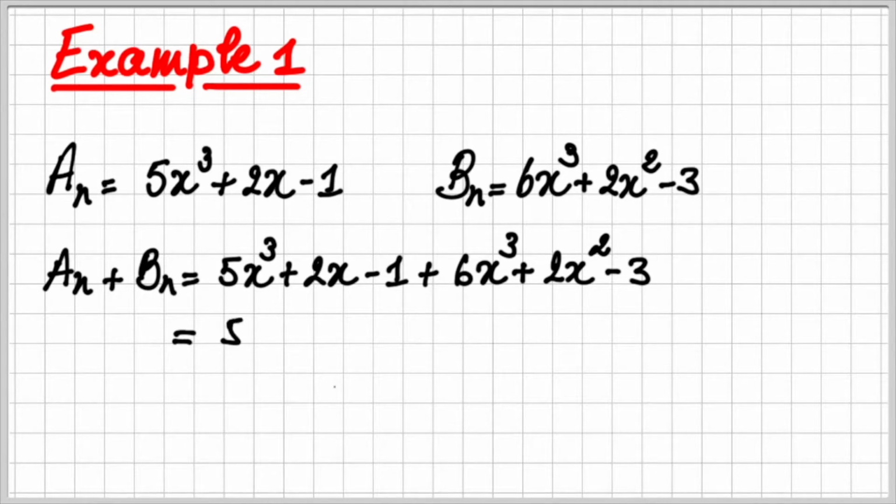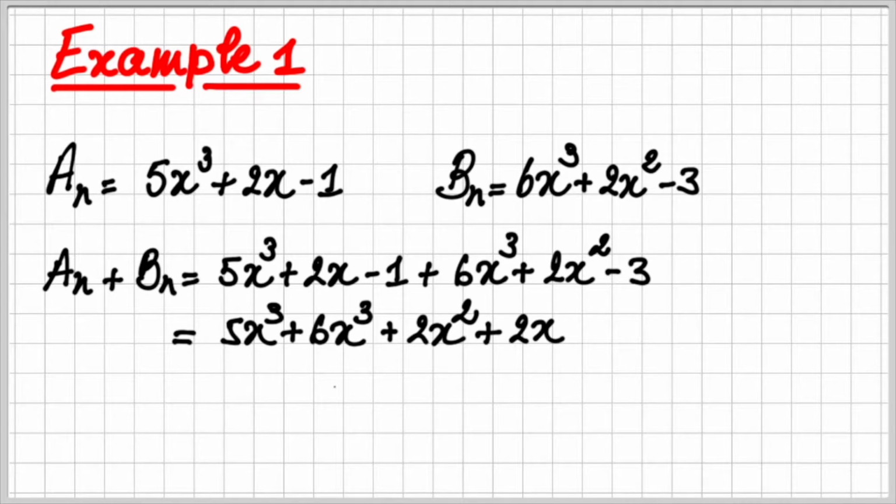And we start by grouping the terms. So we first have 5x to the power 3 plus 6x to the power 3. Then we have 2x squared. Then we have 2x. And then we have minus 1 and minus 3.